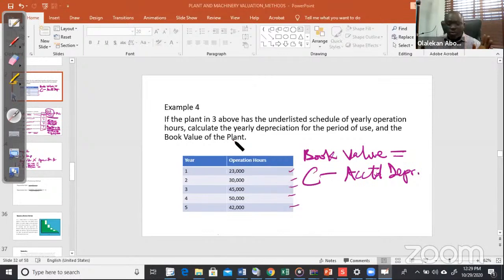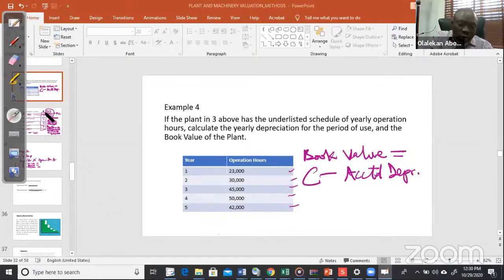You will get the book value, right? But you will miss that leg of calculating yearly depreciation. In fact, the question can come in another way and ask you to present the table of depreciation. It might even say present the table of depreciation and book value for the respective year. You understand that? That's a little different here.